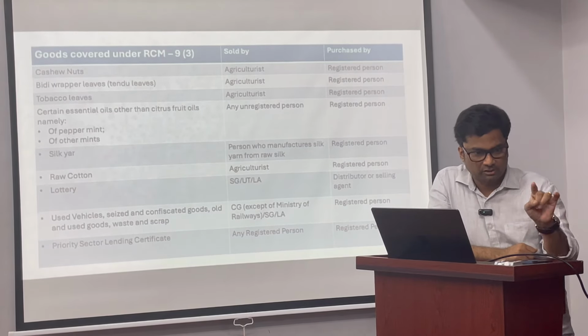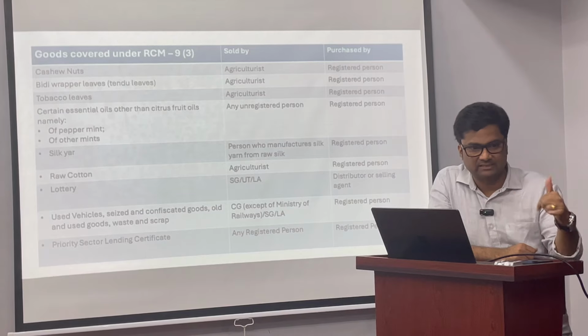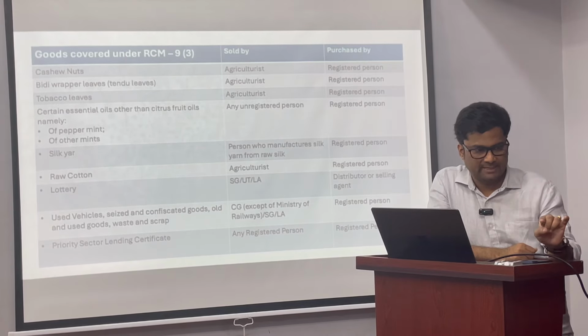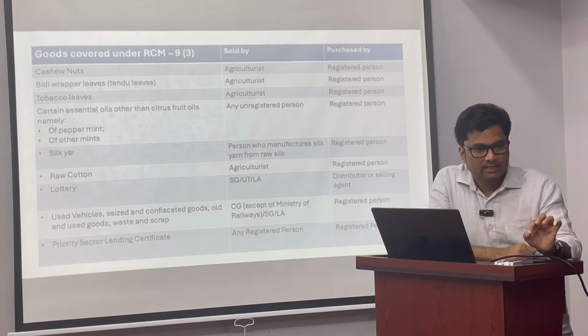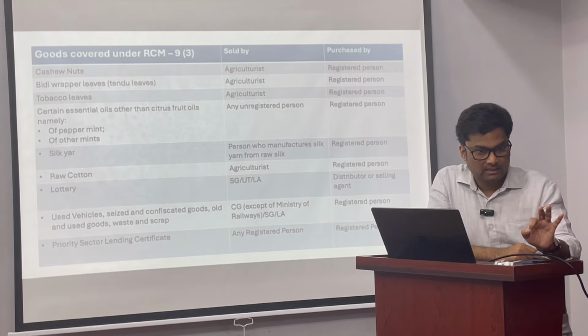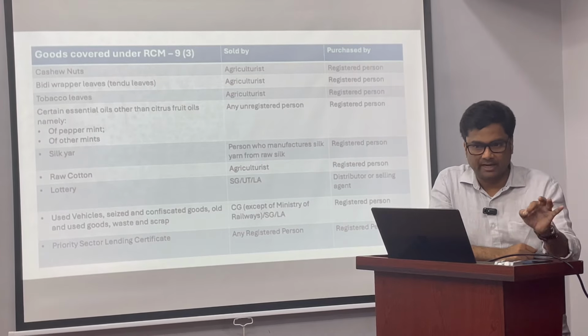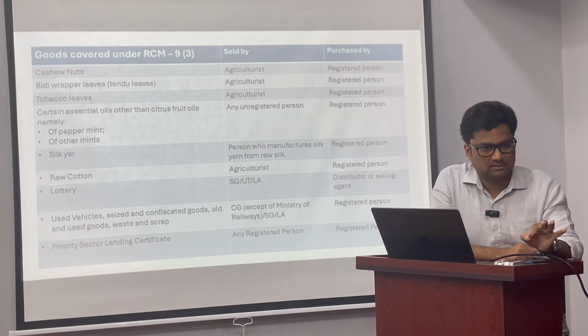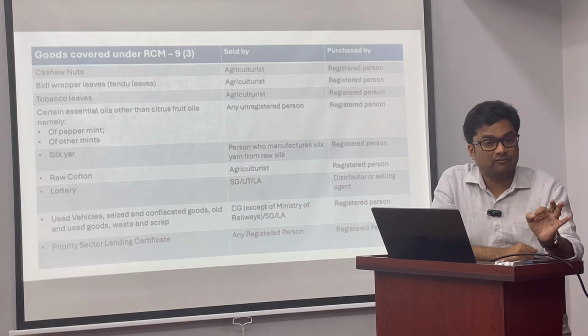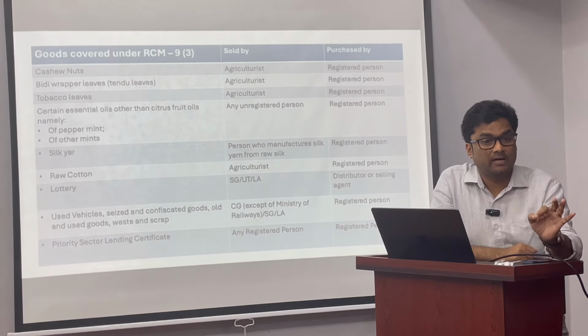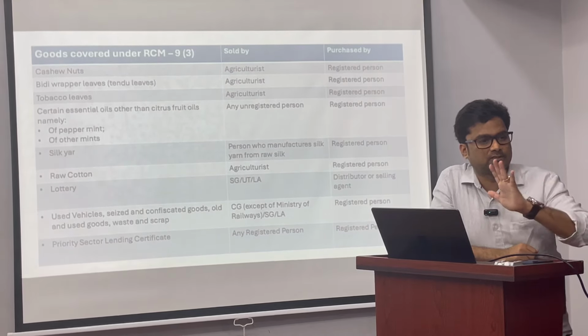On this shortfall, what is the shortfall? 80 minus 60, 20 lakhs. You pay GST under reverse charge mechanism at the rate of 18%, irrespective of the actual rate applicable for that goods or service.